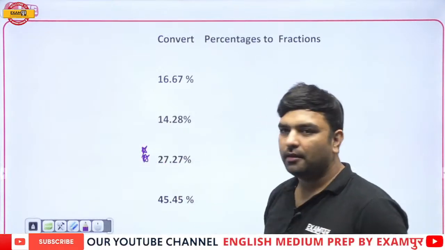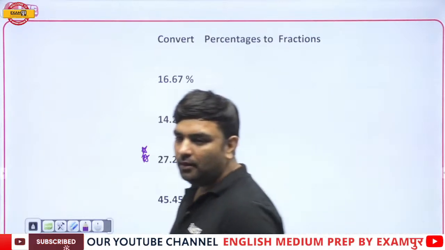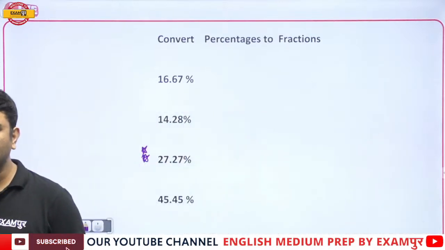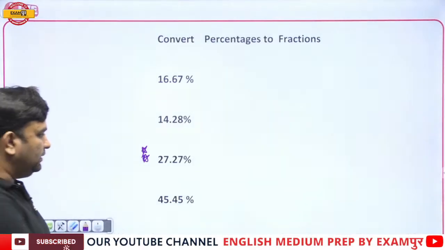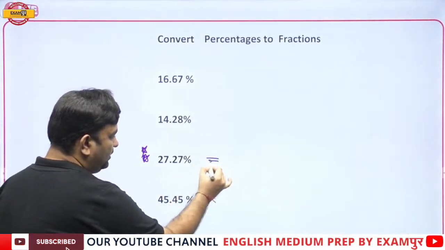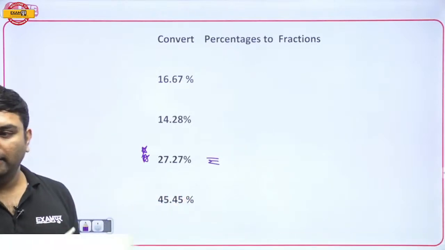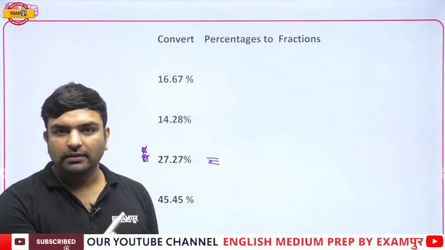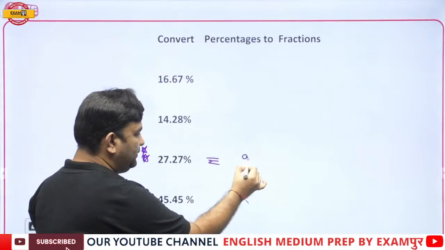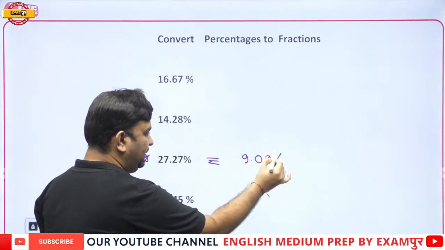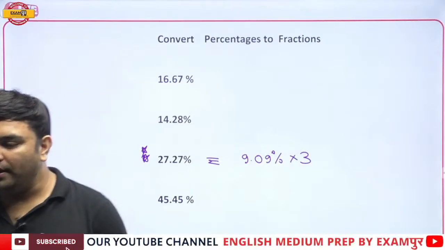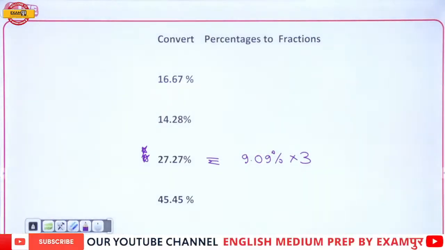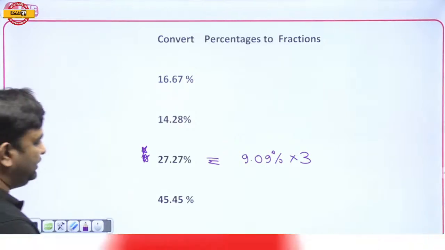27.27%. Convert into fraction. You need to identify that this is 9.09% into 3.